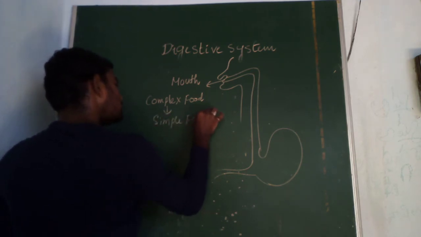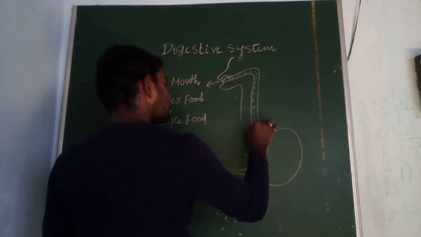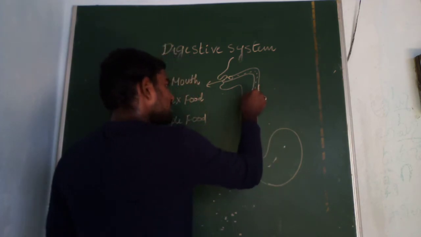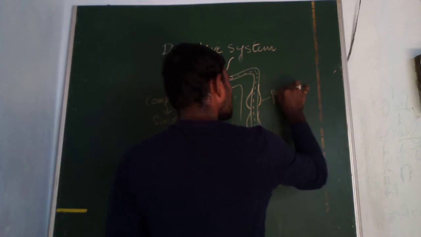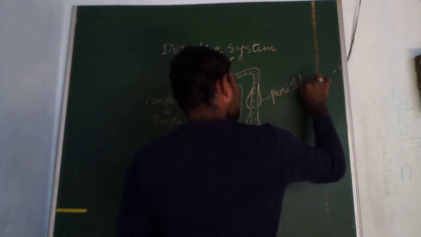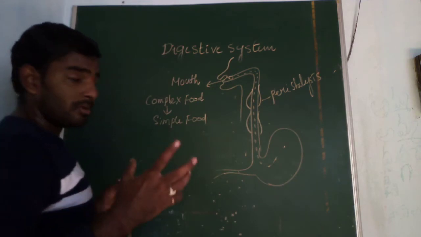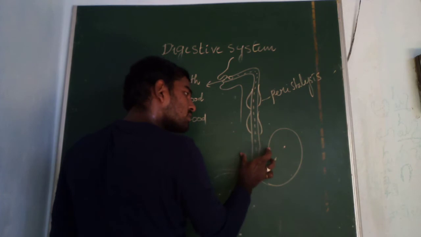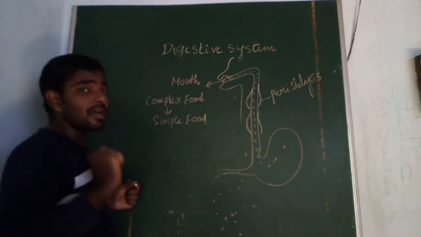The food from the mouth moves to the pharynx, the esophagus, and the stomach by the movement of peristalsis. Here the circular muscles play an important role by contraction and relaxation. This movement is called peristalsis.